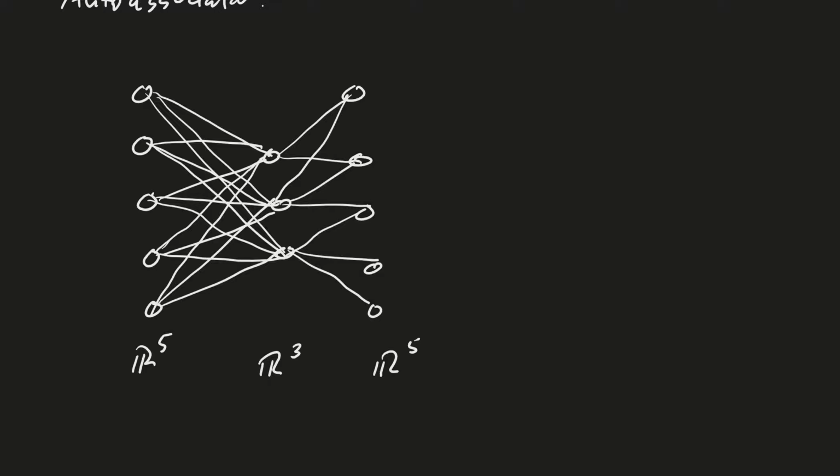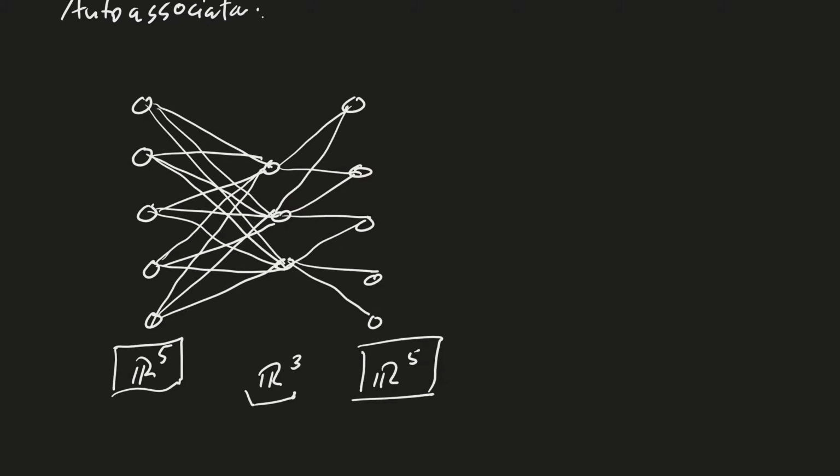Now the important thing about an autoassociator is that the input dimension is the same as the output dimension. The middle dimension depends on what you're doing, but typically it is of lower dimension than the input and output. So the idea is you have your data coming in, and then it's being mapped to a low dimensional space, but then it's being mapped back out.